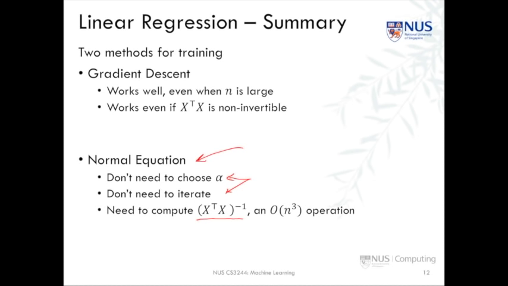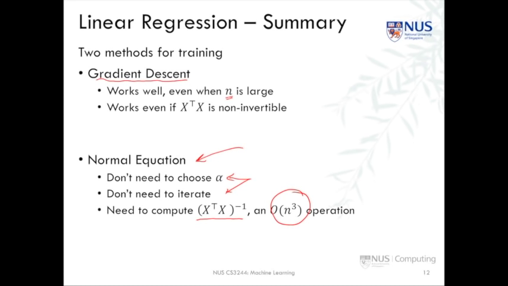Even though we can use the normal equation to compute a closed form solution for linear regression, sometimes we still want to use gradient descent. And why is that? Well, when we have a very large number of features, then this cubic operation is going to be expensive, right?